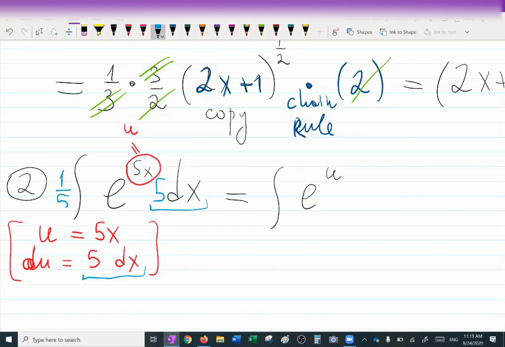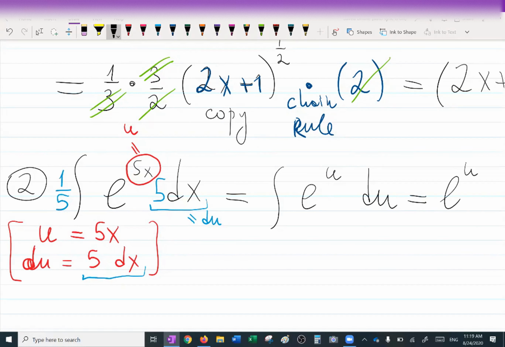Then I will divide by 5 outside of the integral. This makes sense. I'm making it look the way I want it. Then all this piece becomes du. The integral becomes e to the u du. What is the integral of e to the u du?